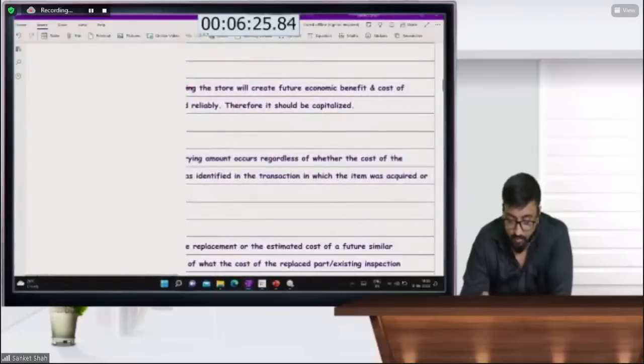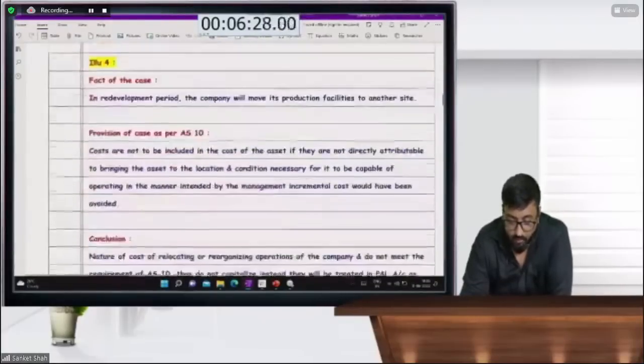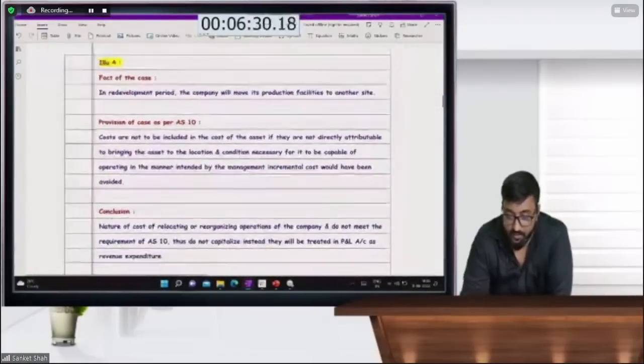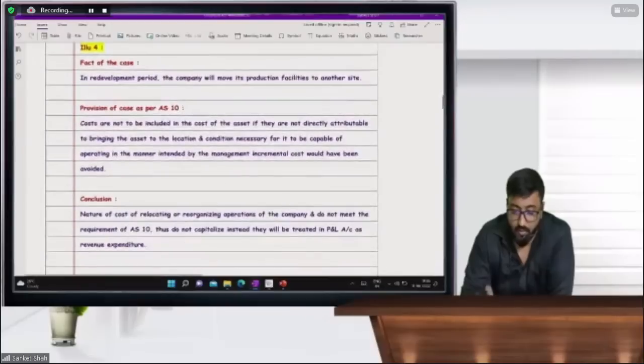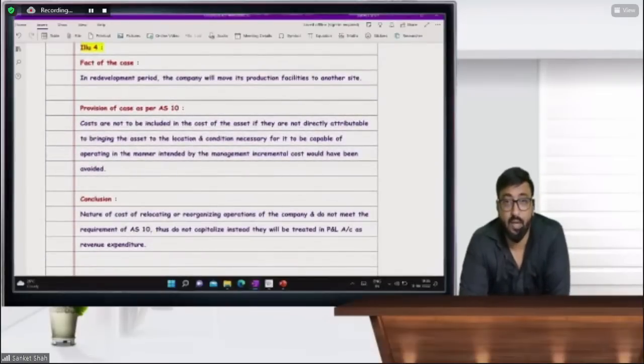Illustration number 4. Facts of the case: in the redevelopment period, the company will move its production facility to another site. Provisions: costs are not to be recognized. Costs are not to be included in the cost of assets if they are not directly attributable to bringing the asset to the location and condition necessary for it to be capable of operating in the manner intended by management.